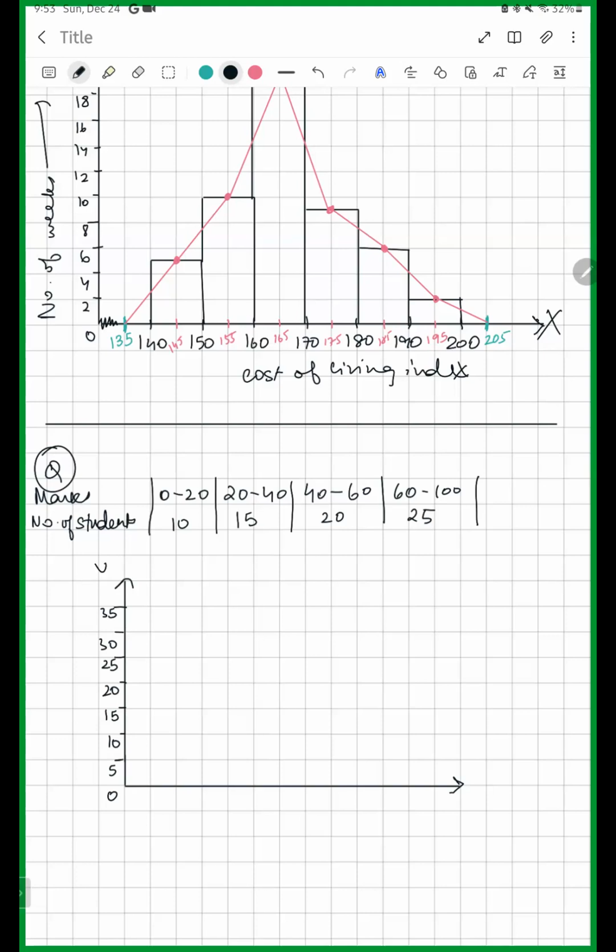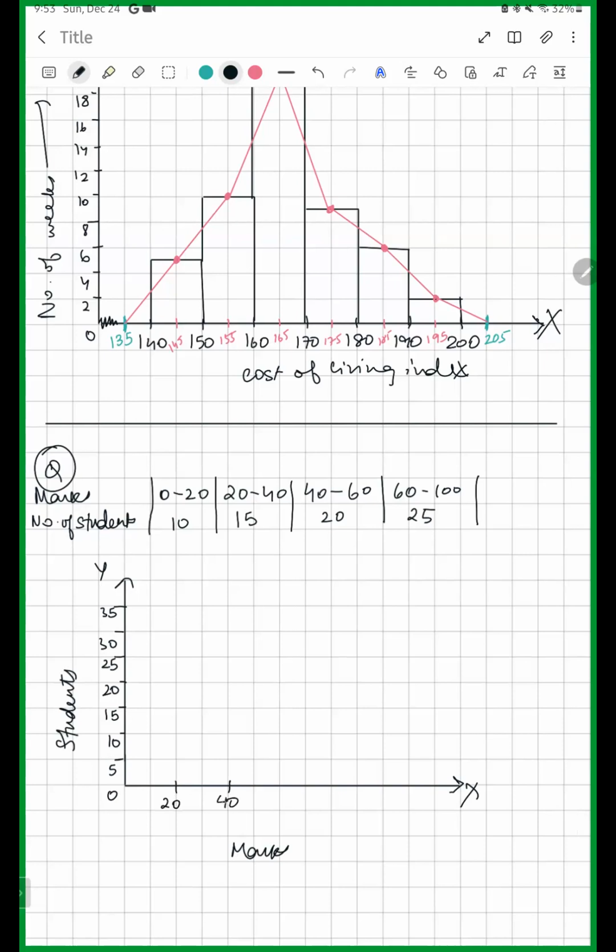This is the number of students, and this is the marks. 20, 40, 60, 80, 100 marks.